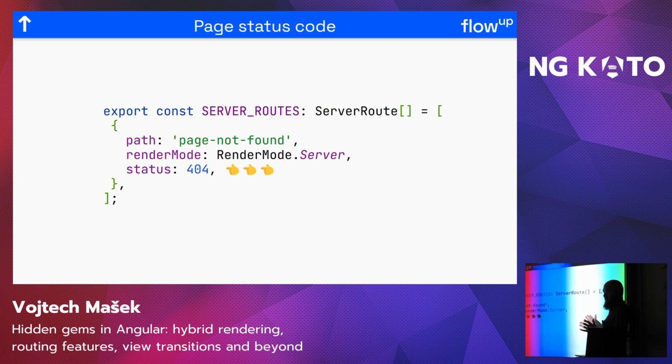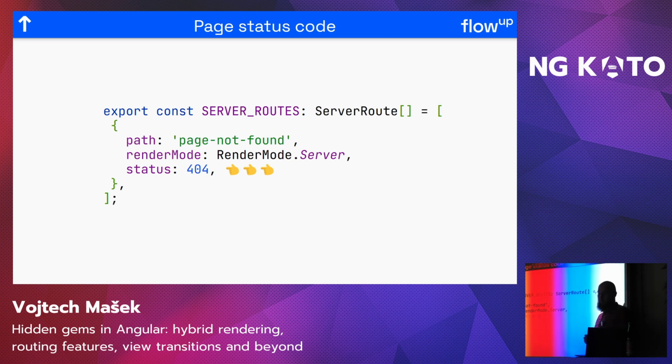Page status code. It was quite difficult previously, in older versions of Angular, to return a 404 for a not found page. You would have to have a very elaborate setup where you would need to be passing the request and response and the whole Express server to actually do this.